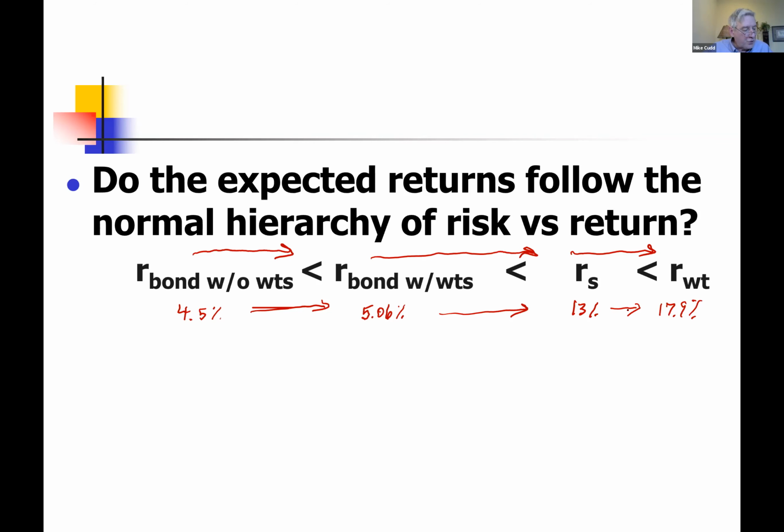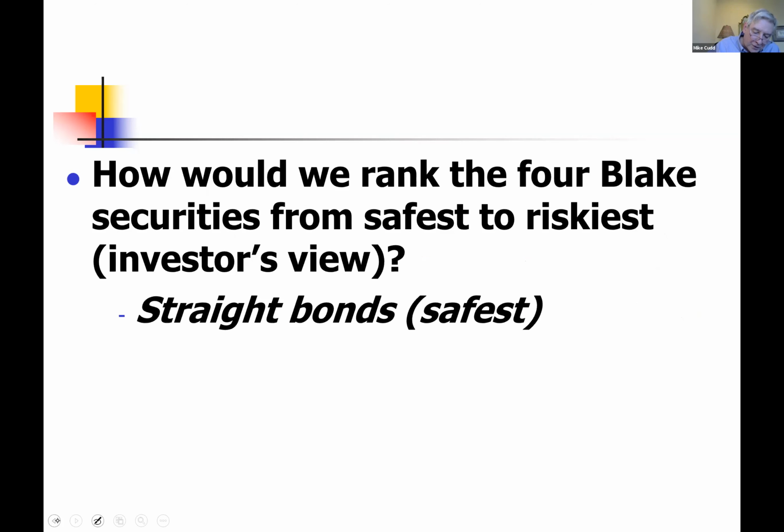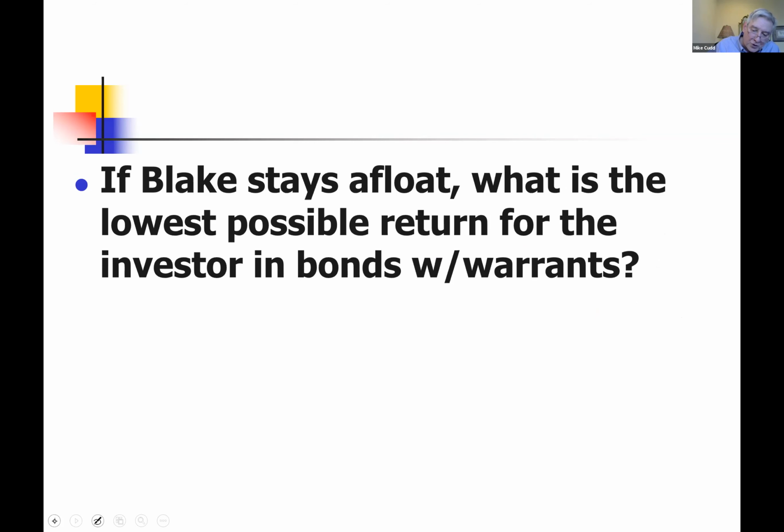Now, another question I skipped, but it's in a prior slide. What's the lowest return that a bondholder could get if the warrants don't pan out? What if you buy a bond with attached warrants and the stock never goes up, so the warrants end up being worthless?